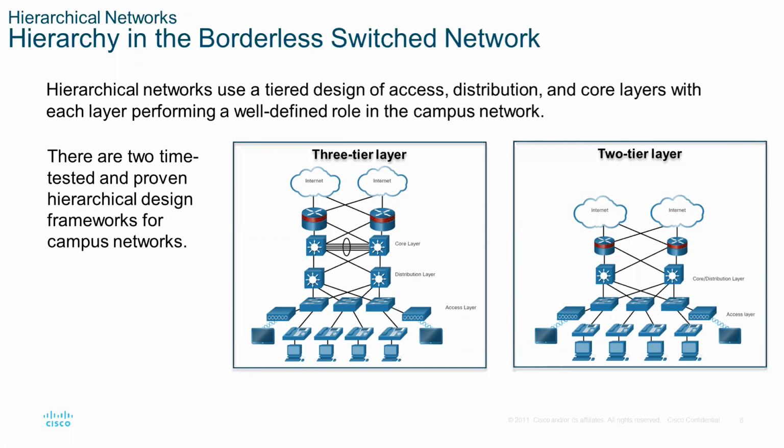Now, as we're building up from a small network to a medium network, we'll quite often run a 2-tier system where it has a collapsed core, which means we have the core and distribution layer functions working together. It just means we haven't had the need to separate the core functions out by themselves yet.